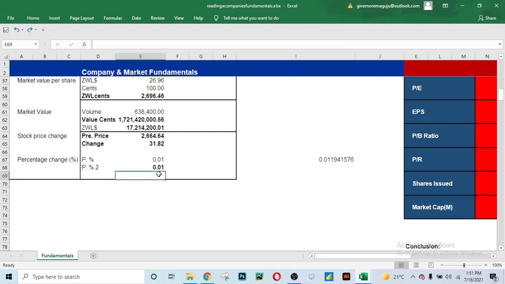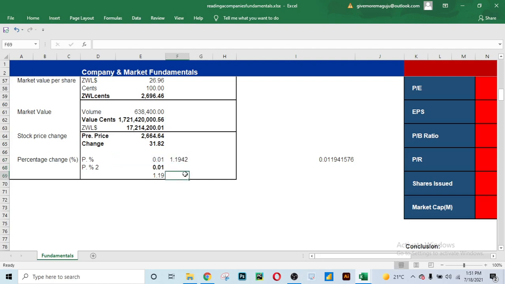Let's say we want to multiply this by 100. So let's just say this times 100 to convert to percentage. Oh, that's good. See, what I was missing was this: to change this, all I need to do is say this times 100.